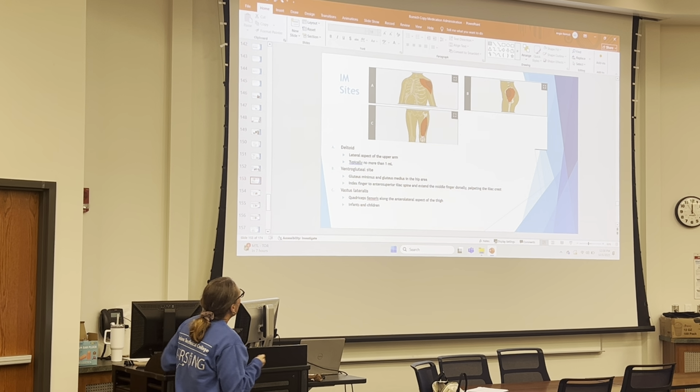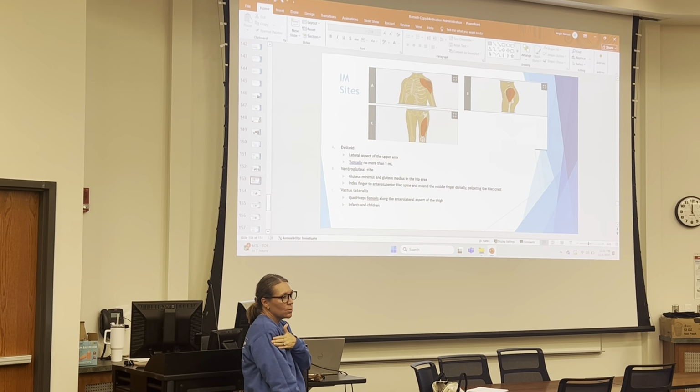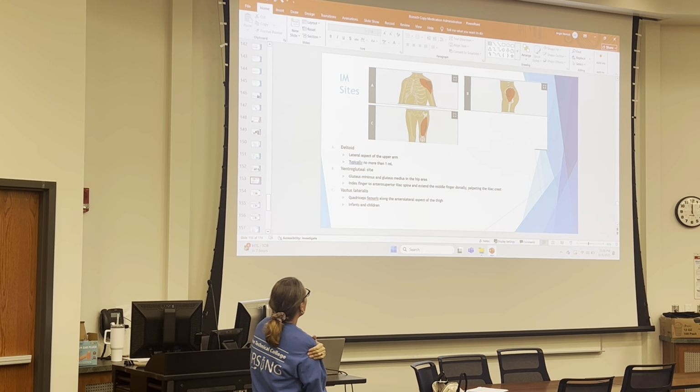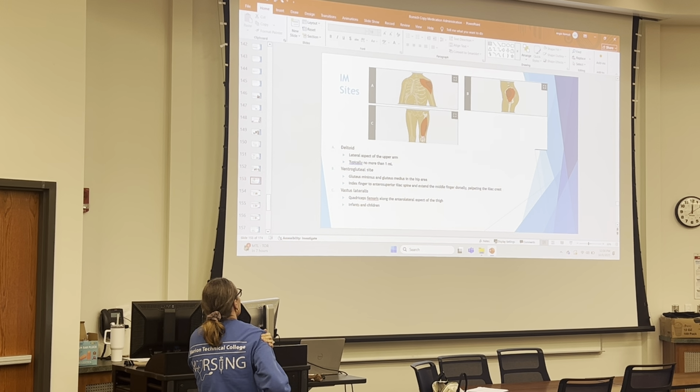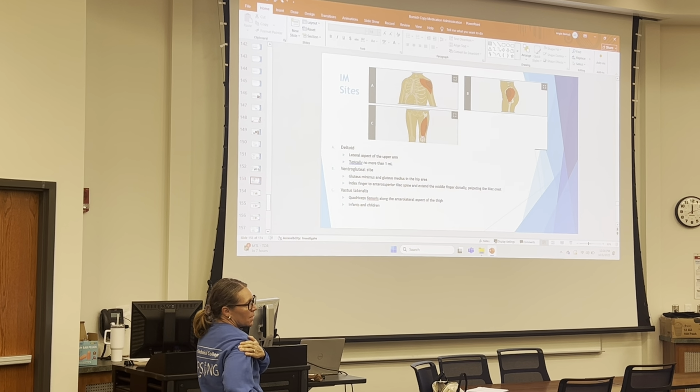Okay, so our most common site is the deltoid, up in the arm, which is the main one that we're doing. If you work in peds, it's usually the vastus lateralis, the leg site that they use for the little kids. And then the least common is going to be the ventrogluteal, the hip site.